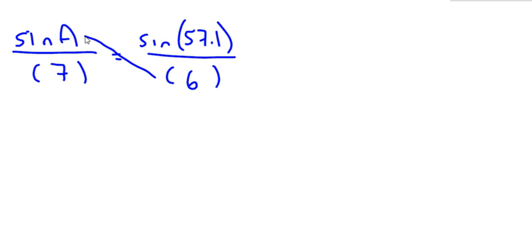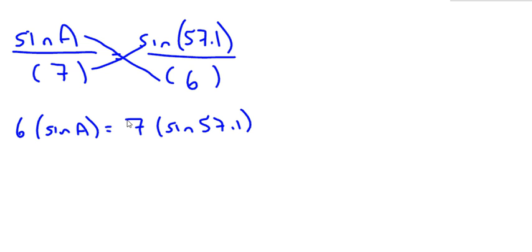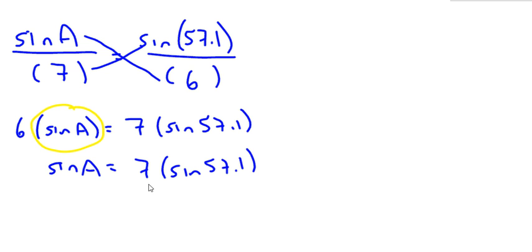So sine A times 6 is 6 times sine A, not much to do. And then 7 times the other sine. So 7 times sine 57.1. So I want to isolate the trig statement here. So I'm going to divide by 6 on both sides. So when I divide by 6, I get sine A equals 7 times sine 57.1, and that'll be divided by 6.